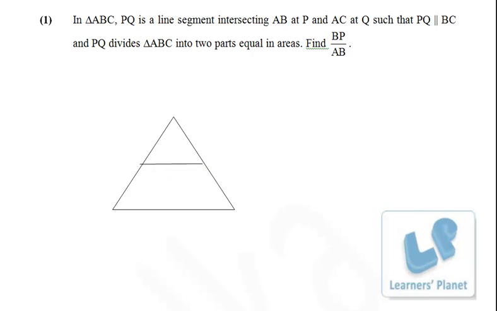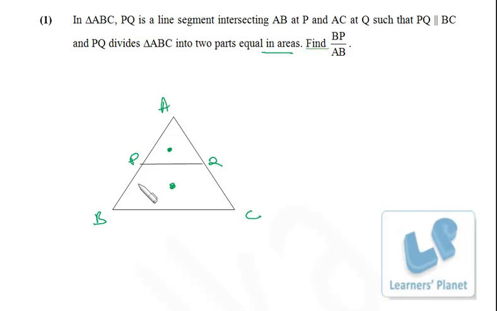PQ divides triangle ABC into two equal parts. That means the area of this region and the area of this region are equal, right? So we have to find out BP is to AB.